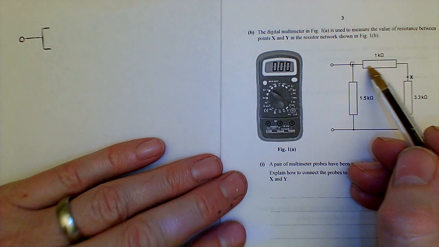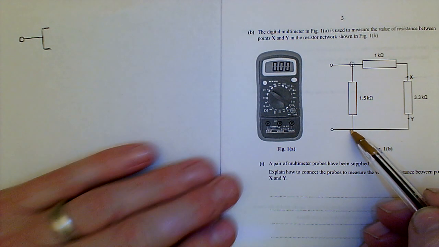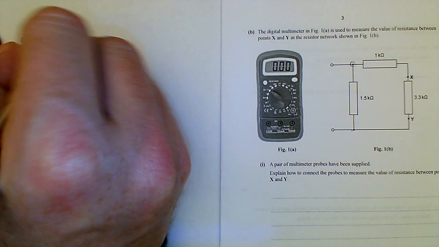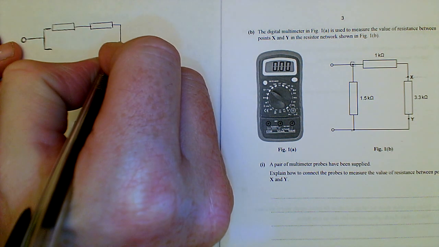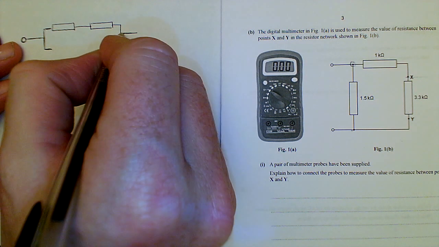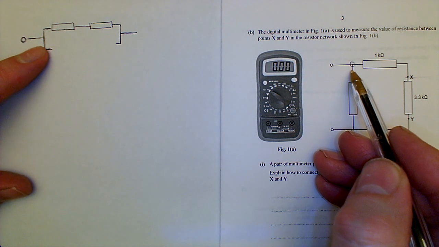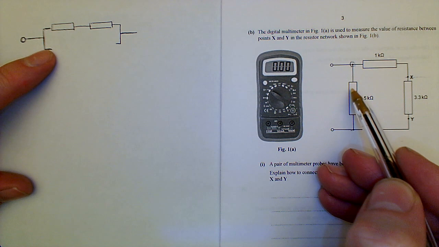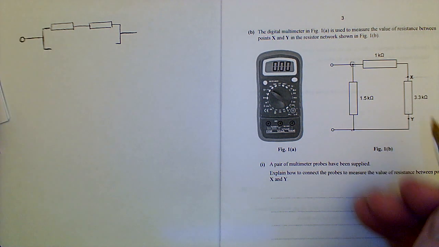On the top line I've got a resistor followed by another resistor, and then it comes back to a junction. So I draw that. Junction. And if I follow this point and come this way, I come to a resistor and back to that junction point there.